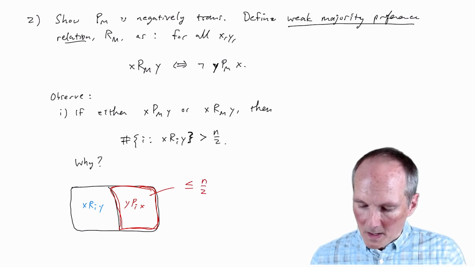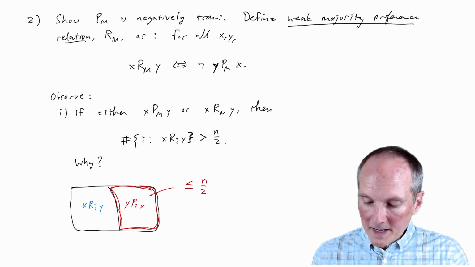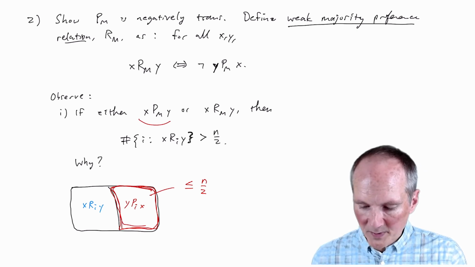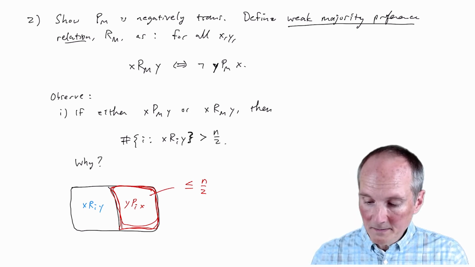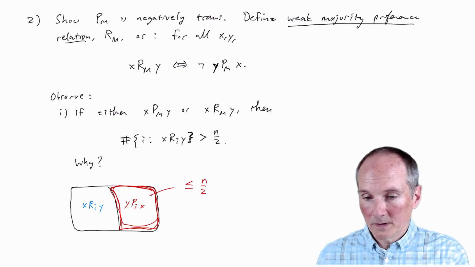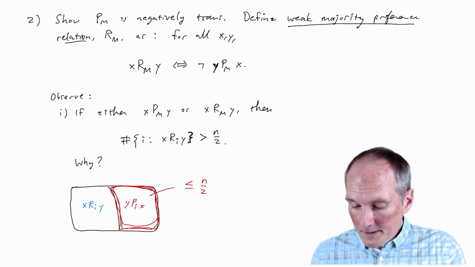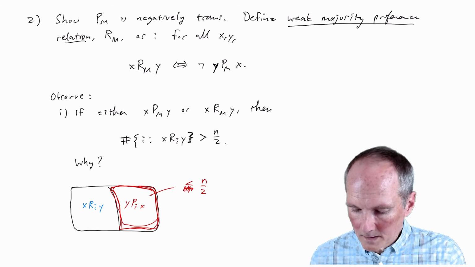But we're assuming that n is odd, so n over 2 is not an integer, and there cannot be n over 2 of those people. So this inequality has to hold strictly.